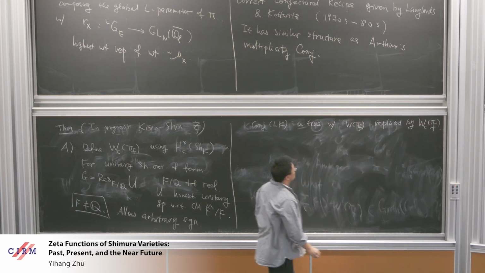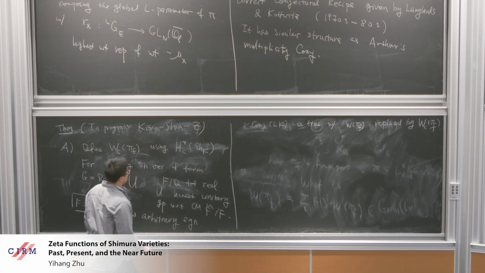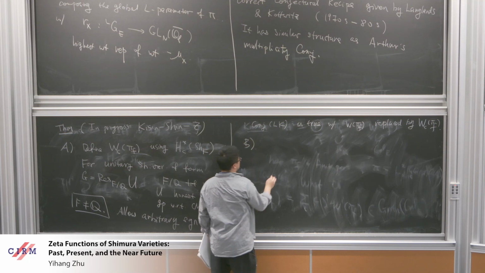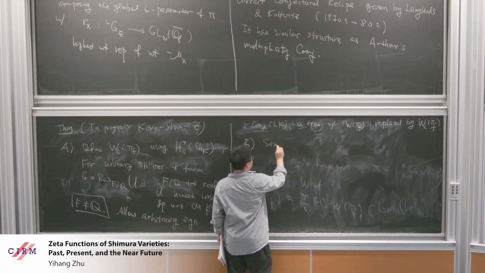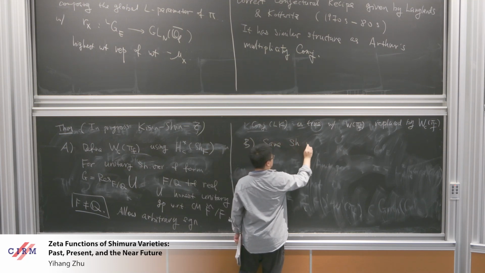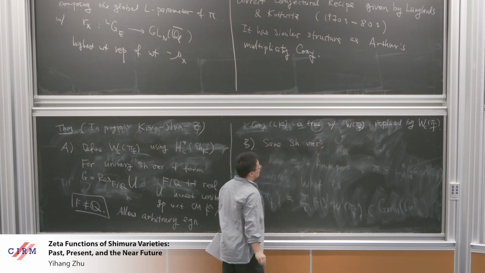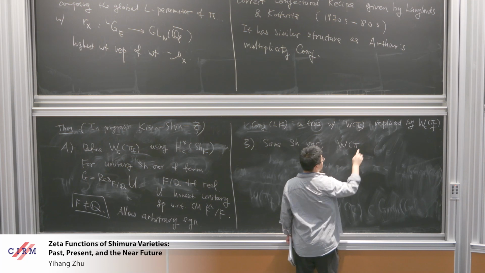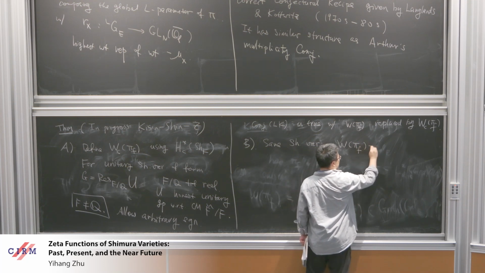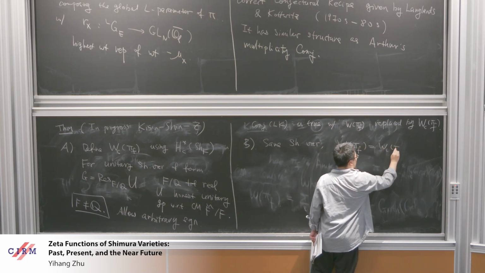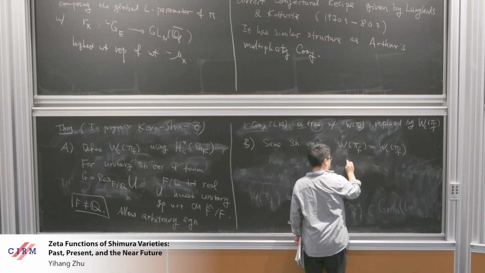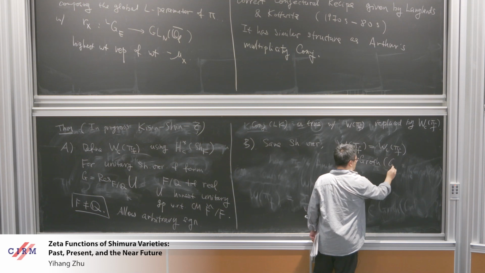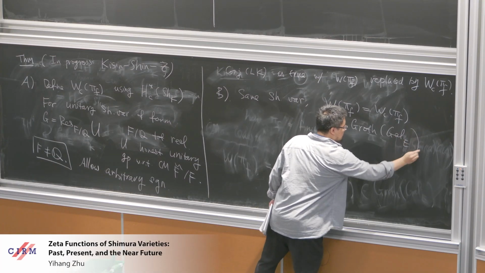So this is part A. And part B is that for the same Shimura variety, actually this replacement is unnecessary. So W pi f is equal to WC pi f in the Grothendieck group.